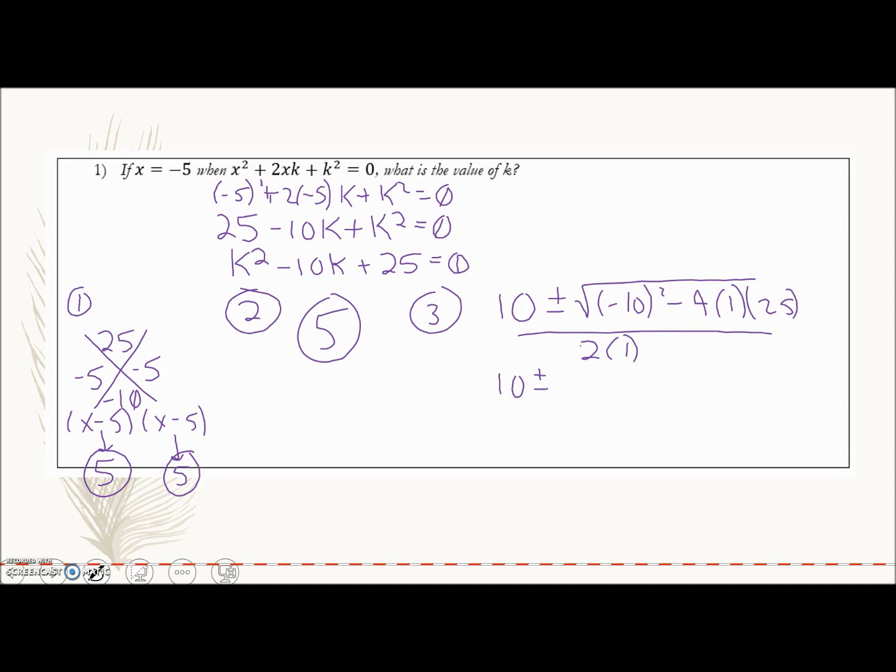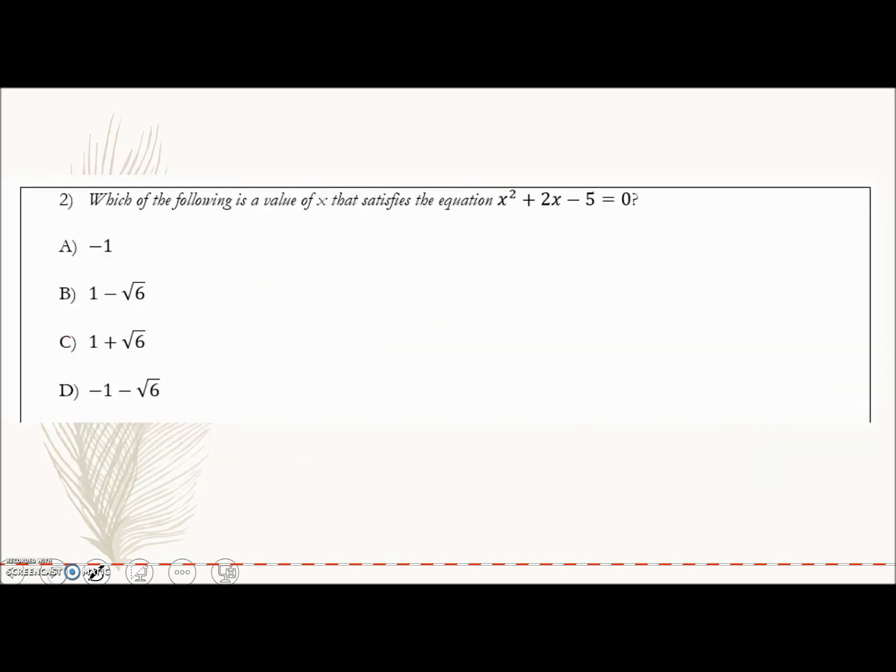So then underneath the radical, that's 100, -10 squared, minus 4 times 1 times 25 is also 100, so that actually becomes 0. It's all over 2. And then 10 plus or minus 0 over 2. 10 plus 0 divided by 2 is 5, and 10 minus 0 divided by 2 is 5. So again, my answer is 5. So you can use any method, whatever one you want. Keep in mind, method 2 you can only use if you're allowed a calculator.